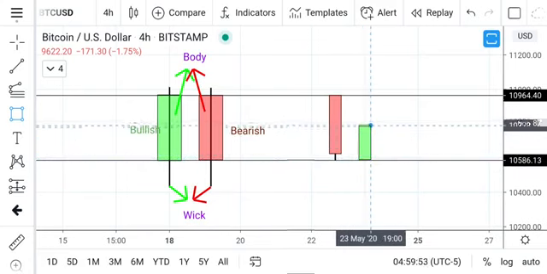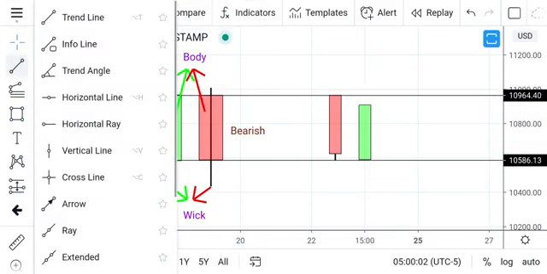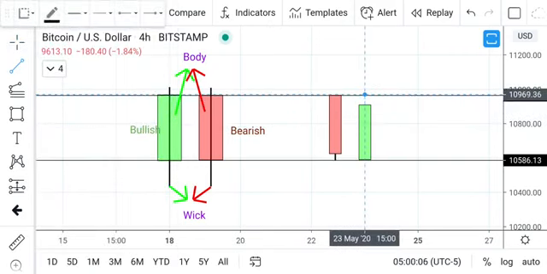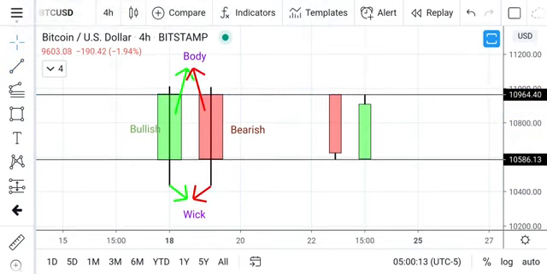That's where you have your bullish body, and you get a little price rejection as the wick. The red one is the bearish candle, and the green one is the bullish candle. So that's how your candlestick forms.